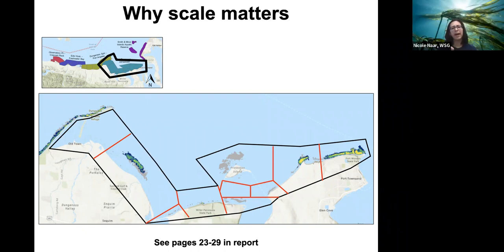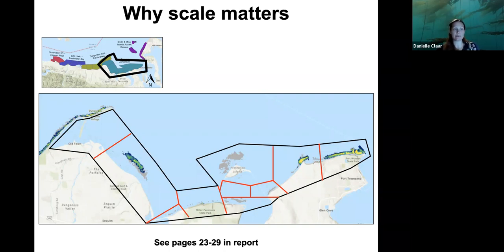Could you unpack the why a little bit more? What do each of these scales imply in terms of management or action? Yeah, so in this example, the total kelp cover within the reach is stable, but we see these really severe focal losses.